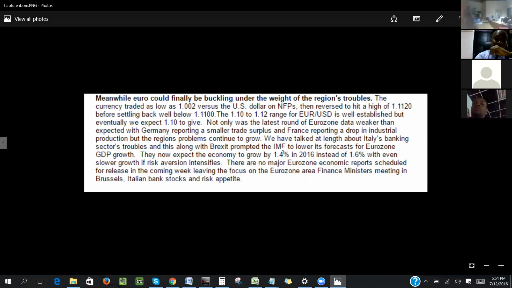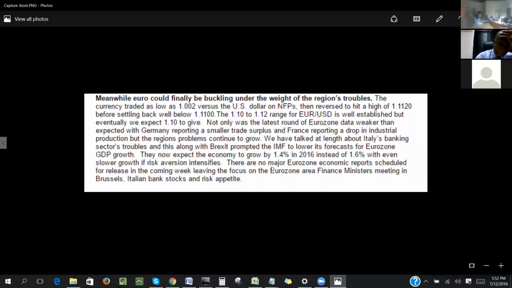We have talked at length about Italy's banking sector struggles, and this, along with Brexit, prompted the IMF to lower its forecast for Eurozone GDP growth. They now expect the economy to grow by 1.4% in 2016 instead of 1.6%, with even slower growth if risk aversion intensifies.